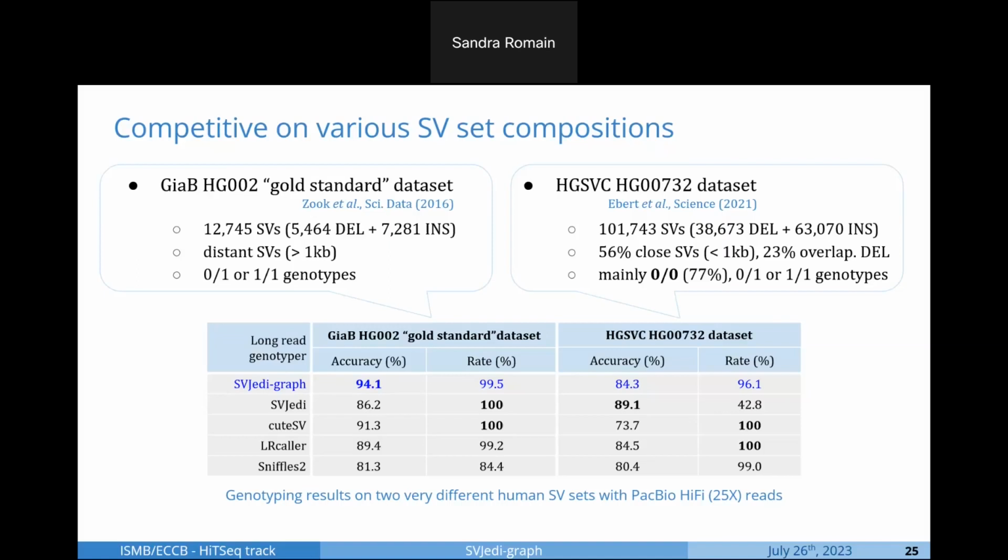So for this comparison, we used PacBio Hi-Fi reads to genotype both sets, and we show that overall, our method performs well on various SV set compositions compared to the other tools, and it does not seem to be impacted by the different genotype distribution, as well as it is able to scale up to the 100,000 SVs in the HGSVC set.